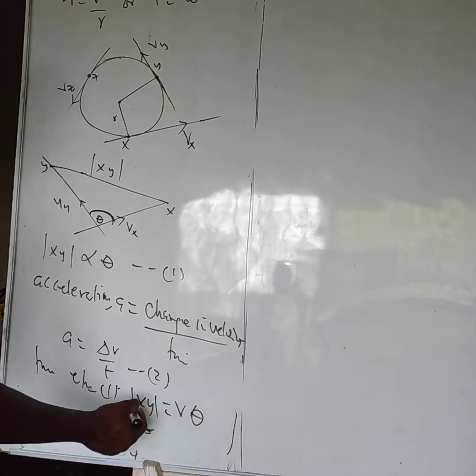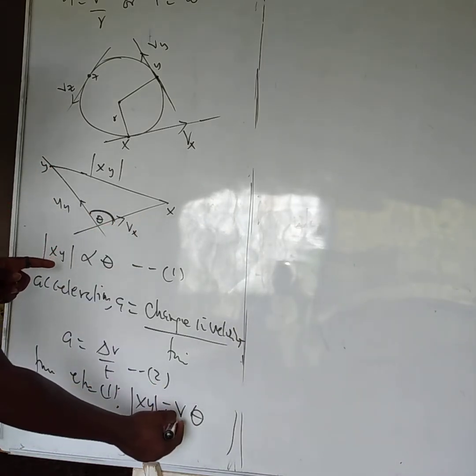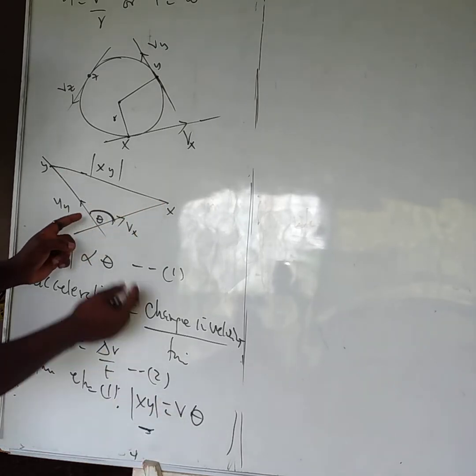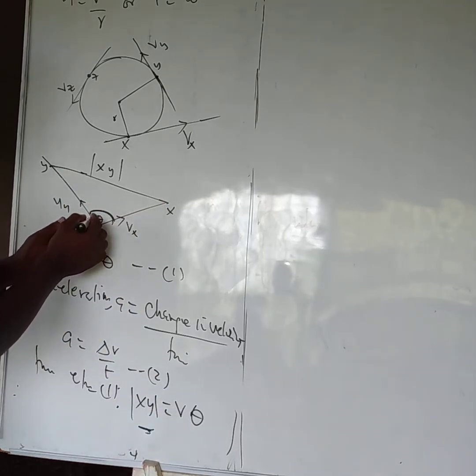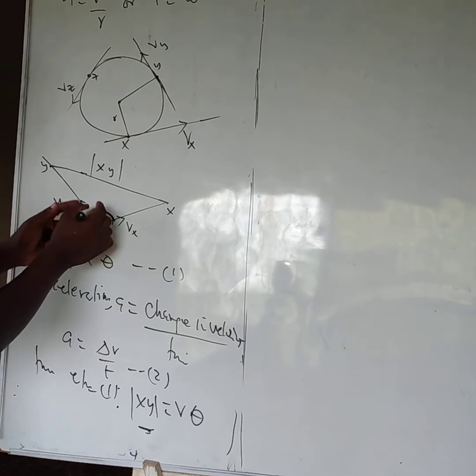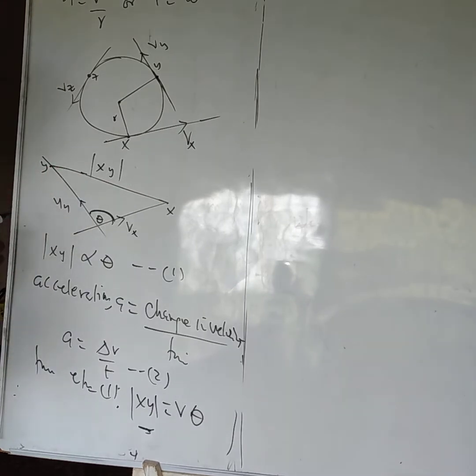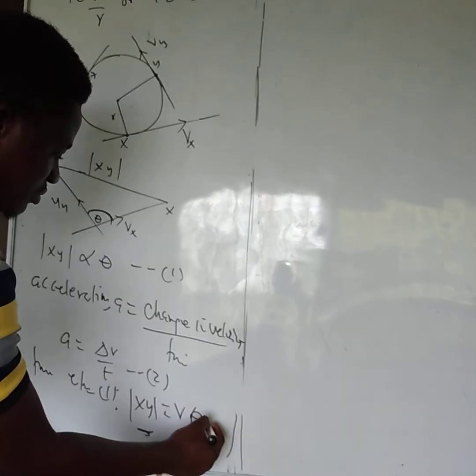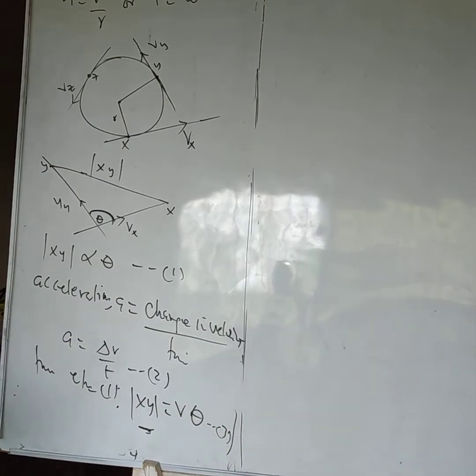So this is the change in velocity, and the velocity becomes a constant from the diagram, because it's the velocities that are increasing or decreasing to create the theta that we have here. Therefore, from here to here is our change in velocity. So from here, our constant is velocity. Let me call this equation 3.